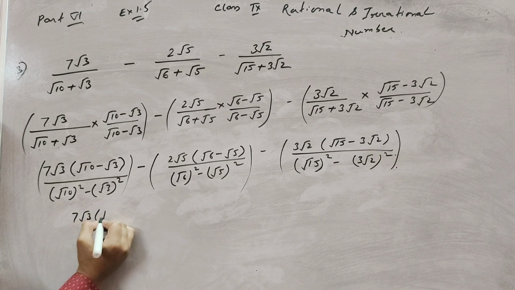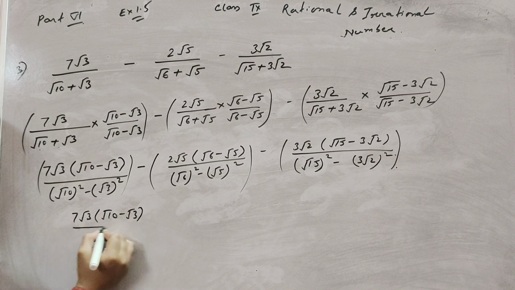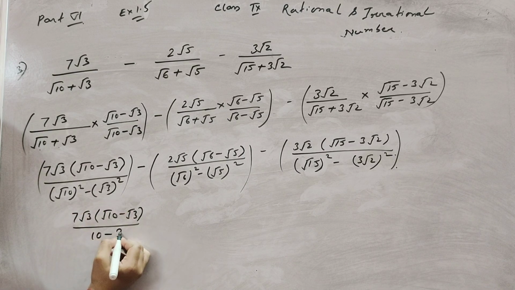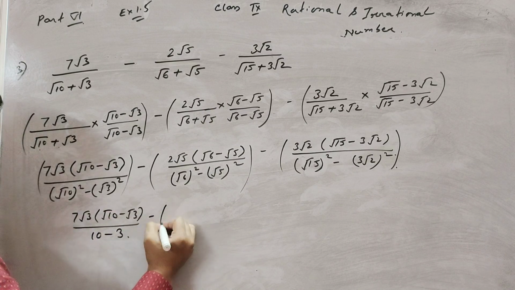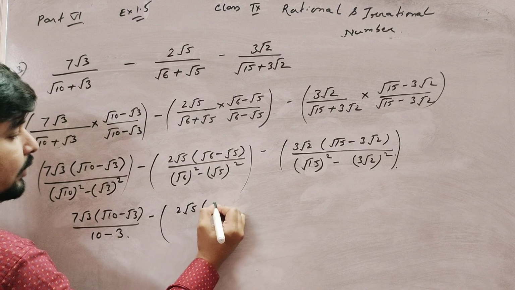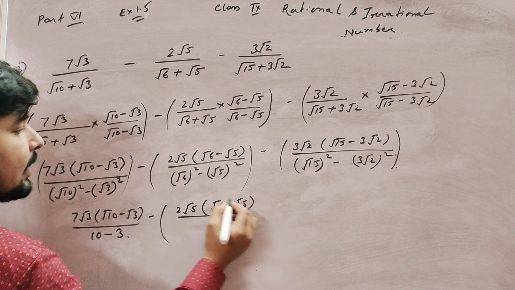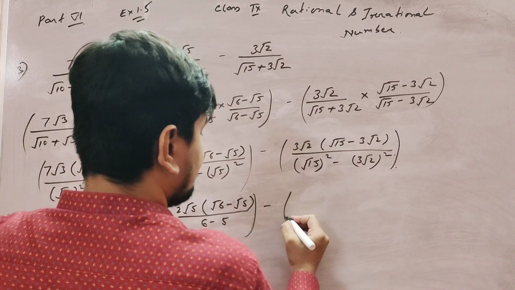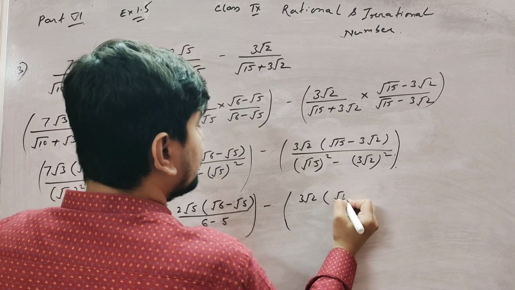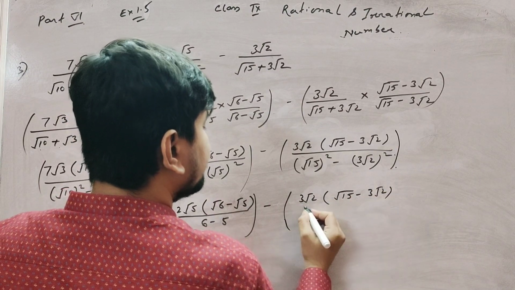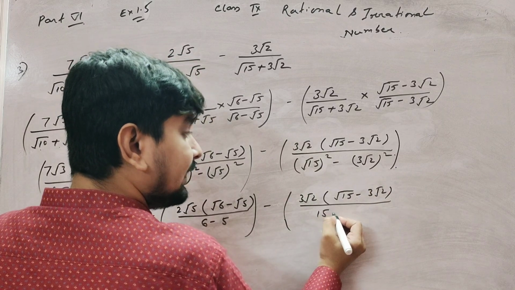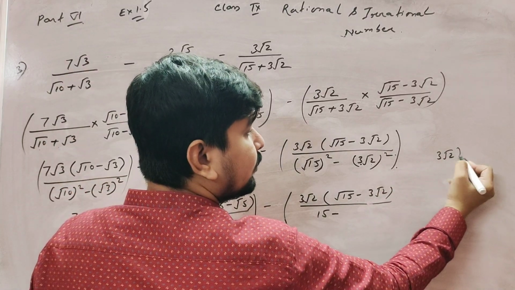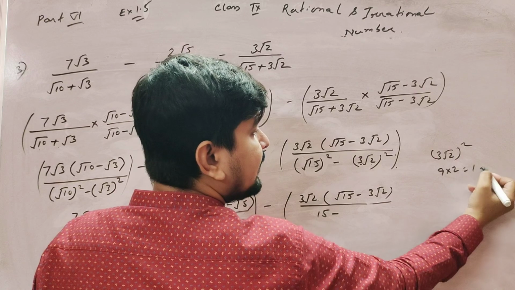So you see 7 root 3 into root 10 minus root 3 over root 10 square, that is 10, root 3 square, it's 3, 10 minus 3. Minus 2 root 5 into root 6 minus root 5, root 6 square is 6, root 5 square is 5. Minus 3 root 2 into root 15 minus 3 root 2, root 15 square is 15, minus 3 root 2 square: 3 square is 9 and root 2 square is 2, 9 twos are 18.